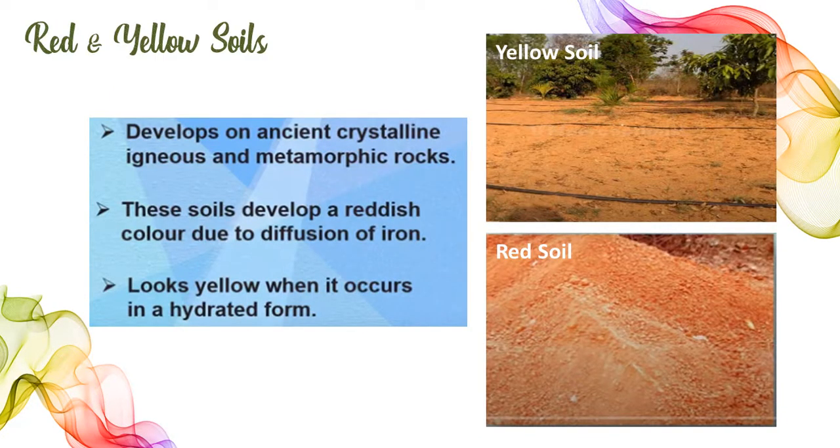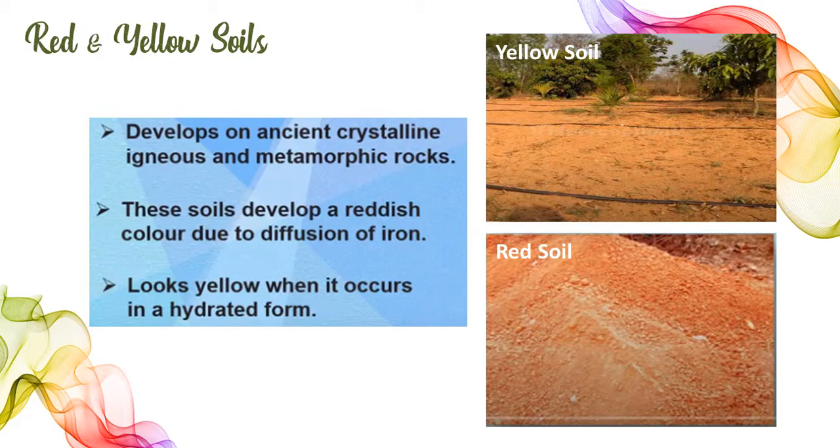And here come the red and yellow soils. Red and yellow soils develop on ancient crystalline, igneous and metamorphic rocks. These soils also develop a reddish color due to diffusion of iron. It means a high content of iron. This kind of soil looks yellow when it occurs in a hydrated form.